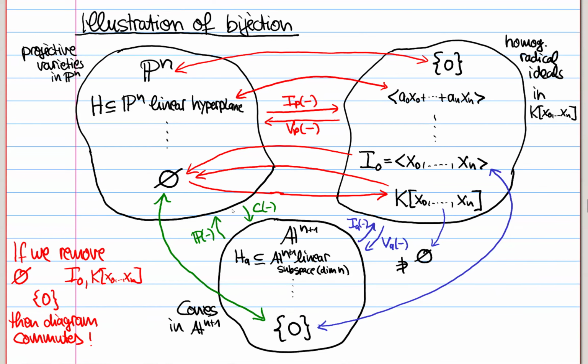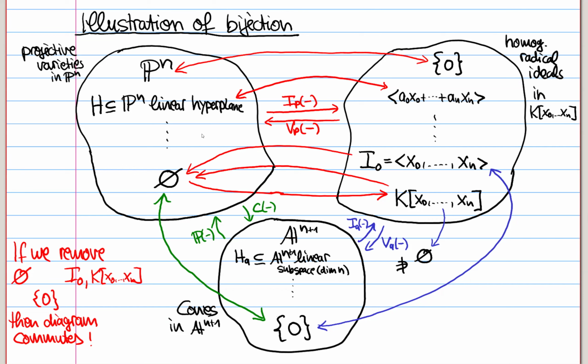But then here we see there's some trouble because both the irrelevant ideal and the full ring have the same vanishing locus, which is the empty set. Whereas the empty set, if you take the ideal, then you get the full ring. So here, the irrelevant ideal is the one left out. It's kind of superfluous. And so if you exclude this, then the Nullstellensatz says you have a perfect bijection here.